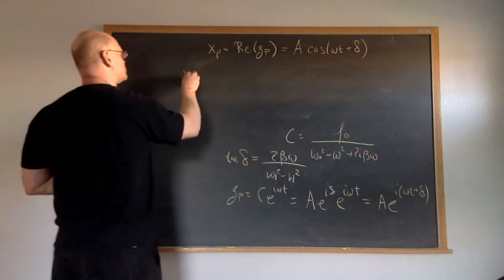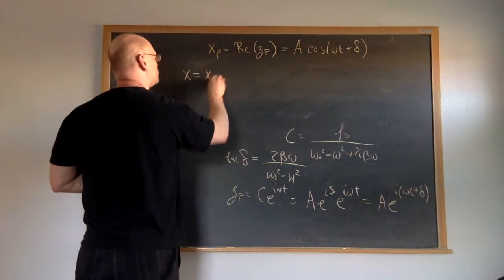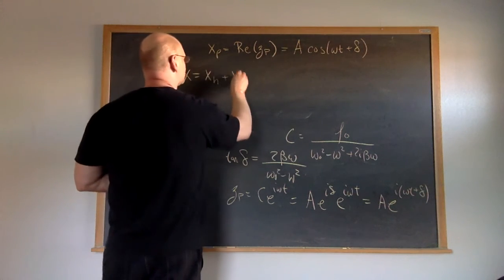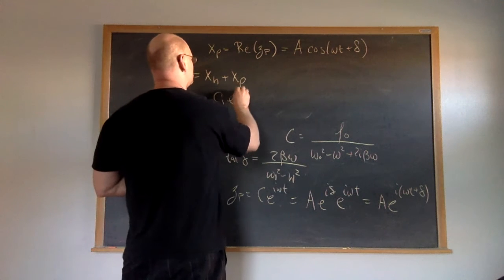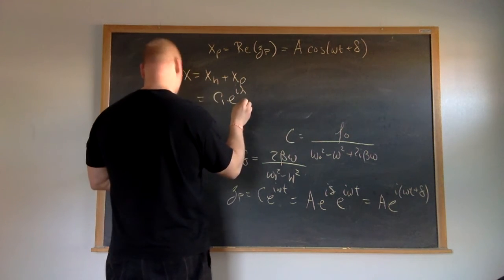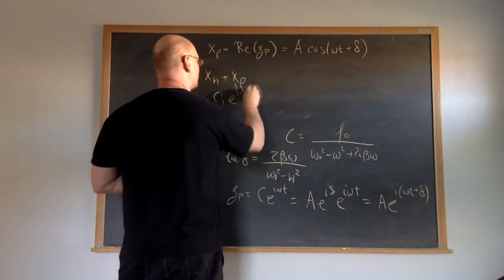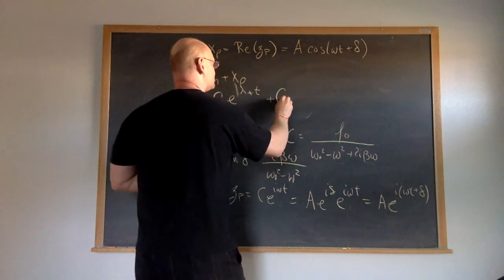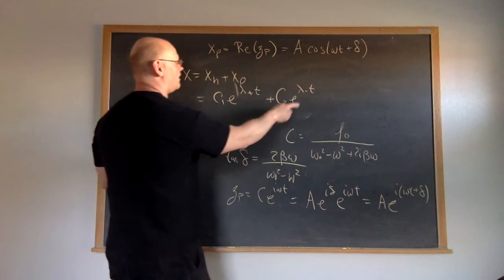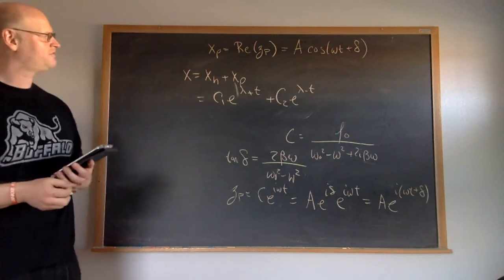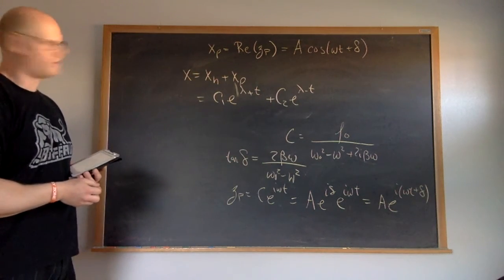So good. So this means our total solution, which again is the homogeneous solution plus the particular solution, is equal to C1 times e to the lambda plus times t, plus C2 times e to the lambda minus times t, where these are the eigenvalues from the original homogeneous differential equation.